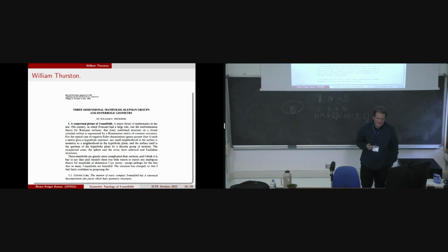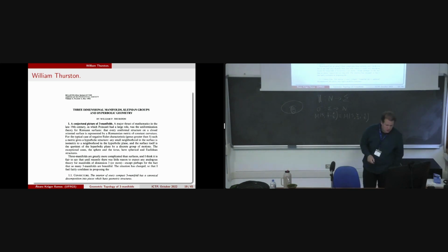And the chapter 1 of this paper, the name is perfect. A conjectural picture of 3-manifolds. I think that this is the case, basically. And he goes on a little bit and he states it like, I feel confident in proposing the conjecture that the interior of every compact 3-manifold has a canonical decomposition into pieces which have geometric structures.